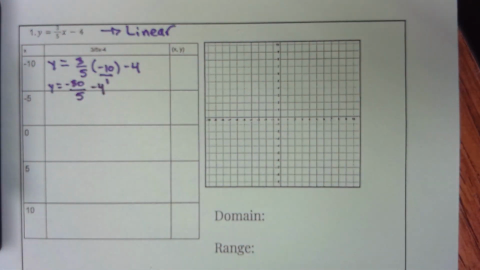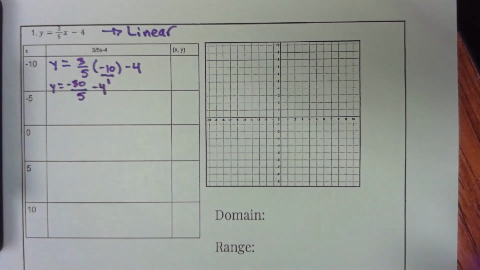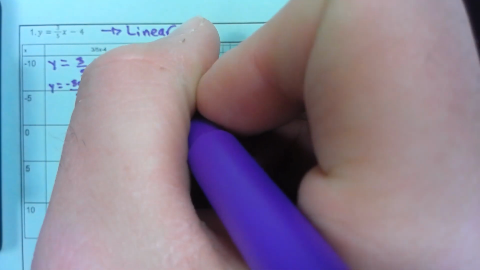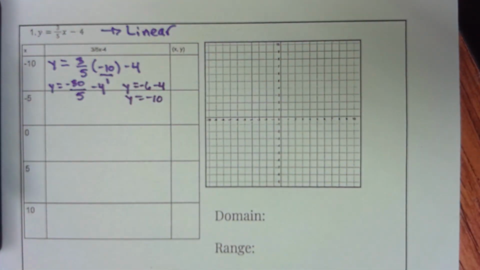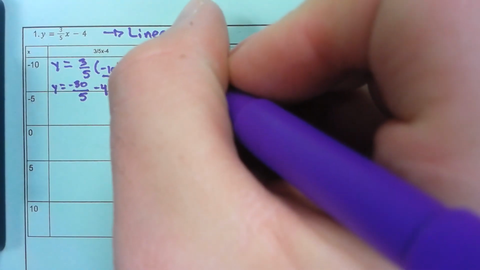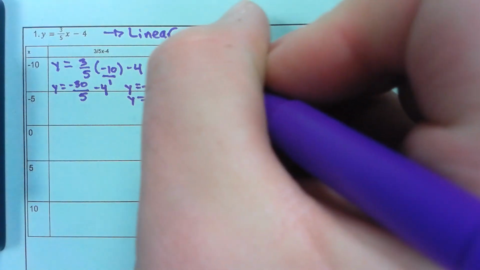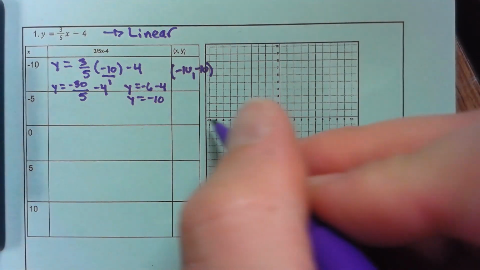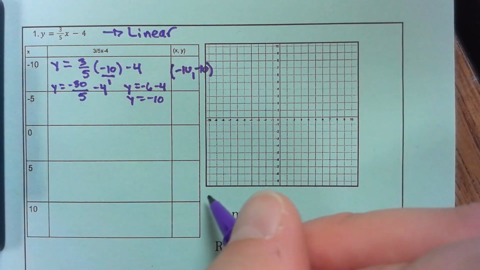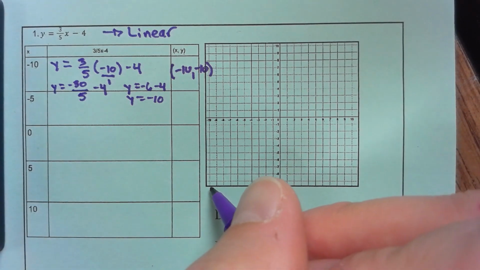So then negative 30 divided by 5, that's negative 6. So y equals negative 6 minus 4, which gives me y equal to negative 10. So when x is negative 10, y is also negative 10. So the first point we're going to plot is negative 10 comma negative 10. So that's left 10 and then down 10, which is slightly off the graph here.